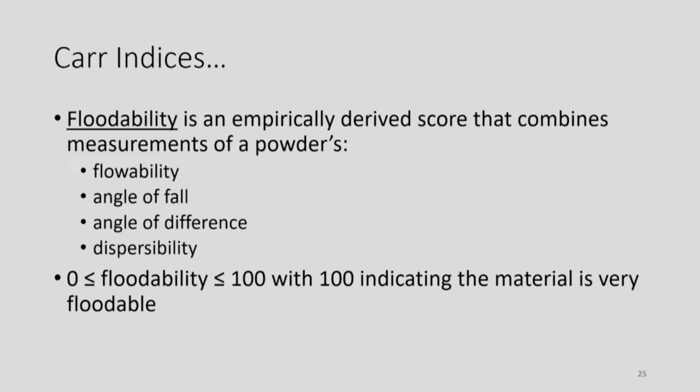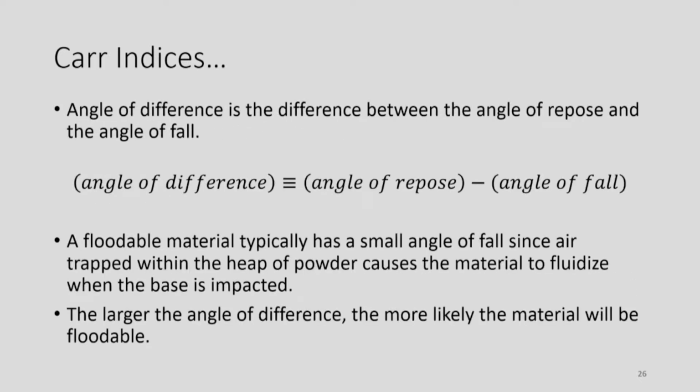You know about flowability, right? So angle of difference is the difference between the angle of repose and the angle of fall. What is angle of fall? So you take powder in a spatula and then give some impact, and see how much the angle is reduced. That's the angle of fall.